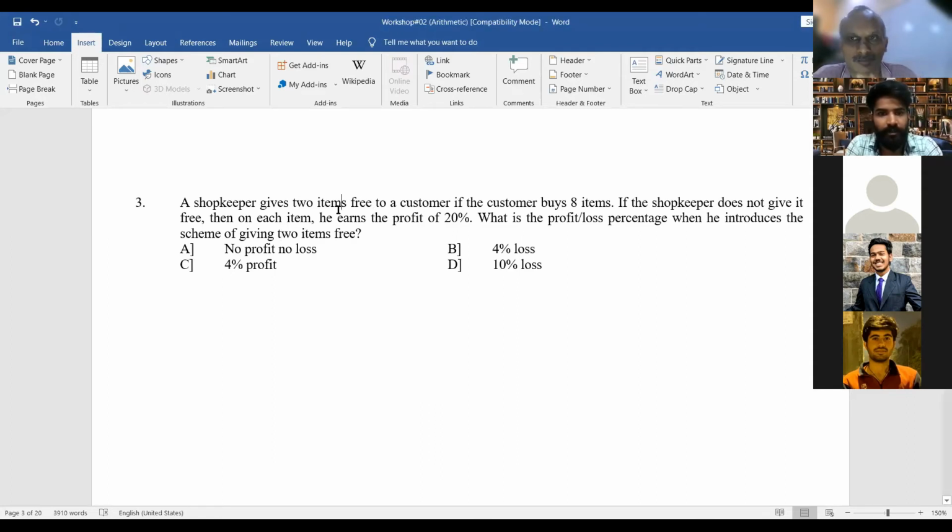So sir, if we earn a profit of 20% on selling 8 items, then on selling 10 items there should be a loss, because it's a 25% increase because of 2 items. So loss is in D option also given. Sir, but it's very close, 4 and 5.